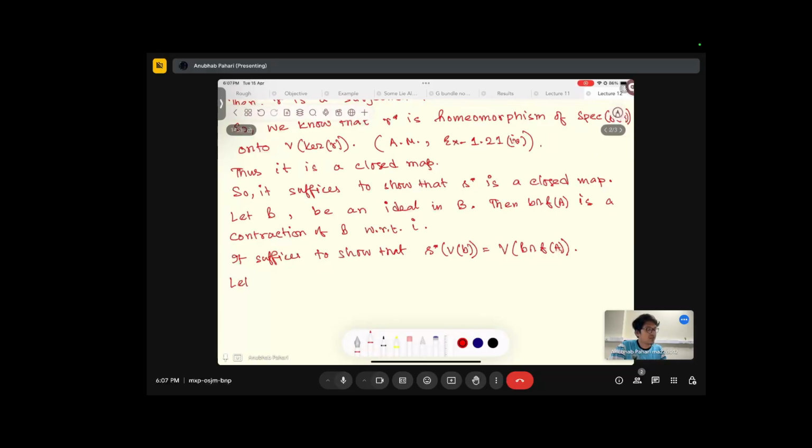Let P be a prime ideal in Spec f(A) containing b intersection f(A).